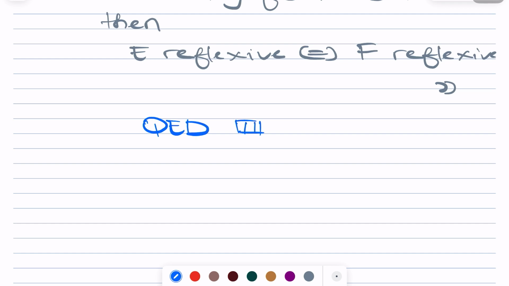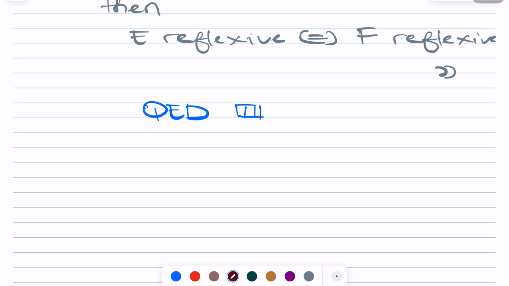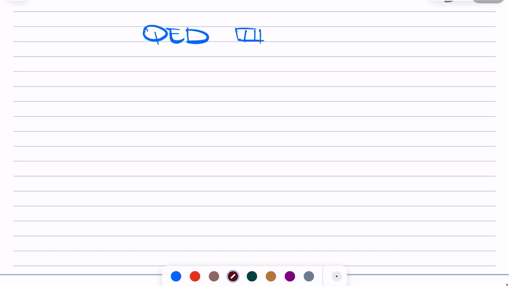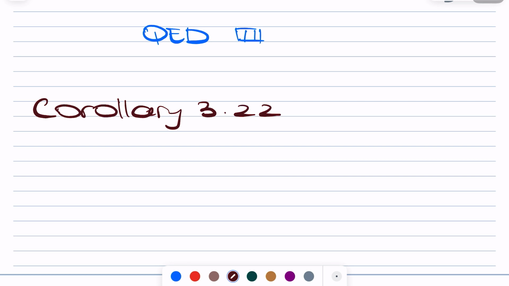And now we state another corollary, 3.22, I think so. Good.